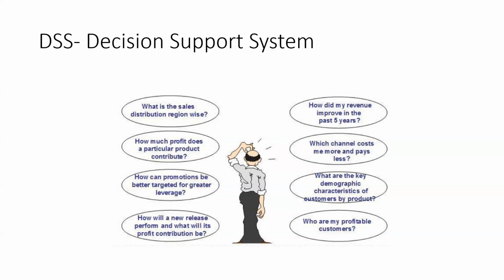So those persons are supporting the decisions of the companies. They're checking from the reporting side and taking decisions. What are the sales, region wise? How did my revenue improve in the last 5 years? There are lots of questions like this. They're checking those questions and getting answers from the reporting.